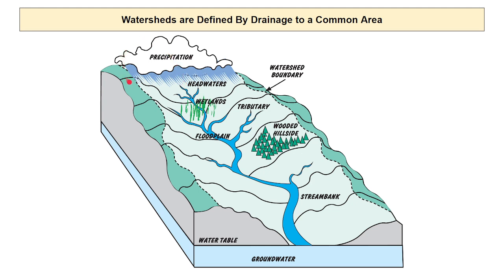Any precipitation that occurs in this light green area is all going to run off into this single river. So all of this light green area would be considered the watershed, okay? Anything that occurs in this watershed is going to impact this river in some way, either through pollution, sedimentation, devegetation, whatever may be occurring. Anything in this watershed boundary is going to affect this river itself.